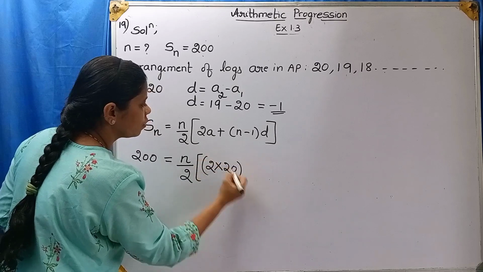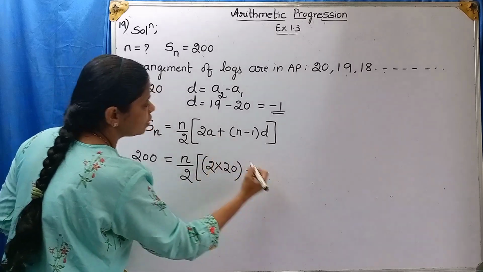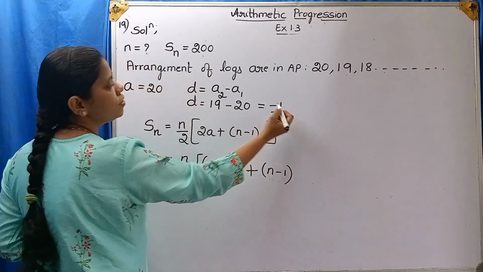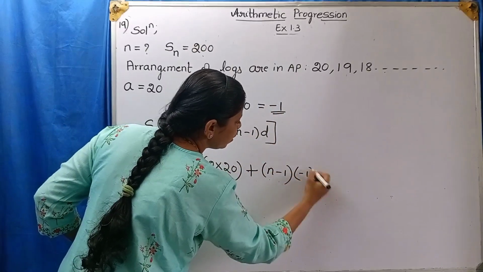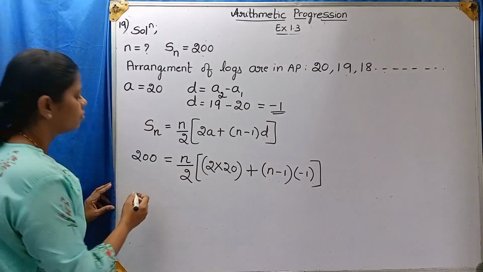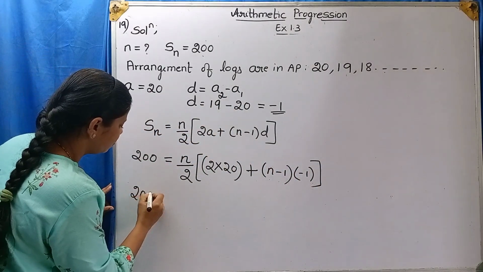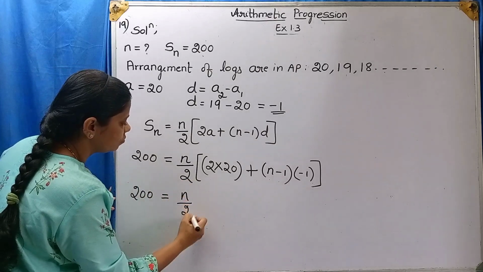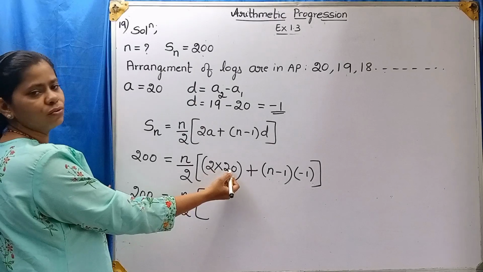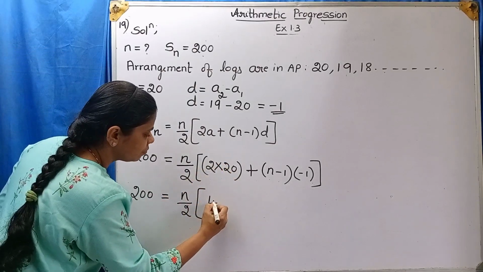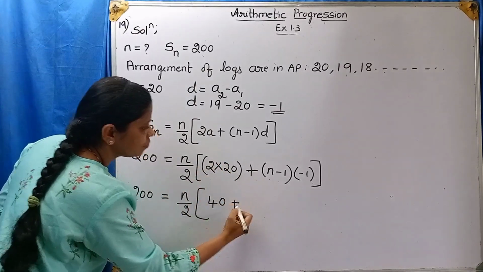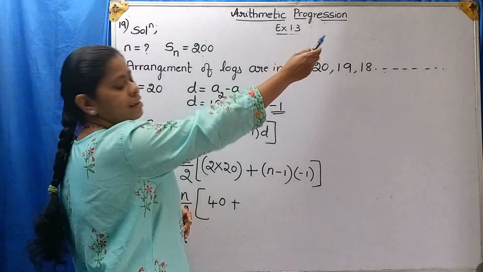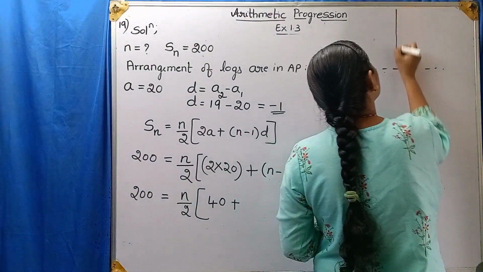For this plus, let me write plus n minus 1 into d, the value of d is minus 1. 200 is equal to n by 2 into 2 into 20 is 40 plus this n minus 1 into minus 1, let me multiply that side.